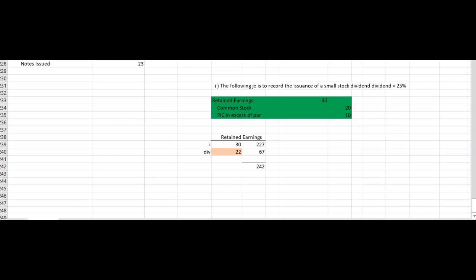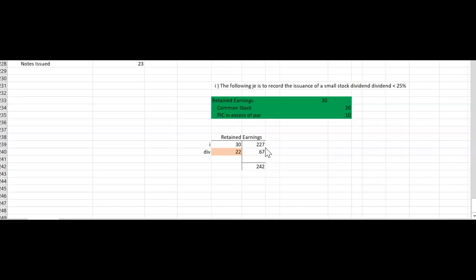So if you take the 4 million times 7.5, you have a debit to retained earnings for that transaction of 30 million, common stock at par of 20 million, and paid in capital in excess of par of 10 million. The increase in retained earnings is $67 million. That's for the net income.